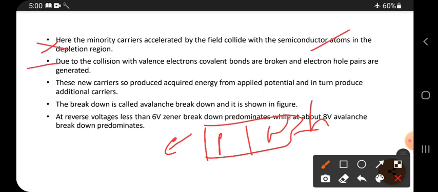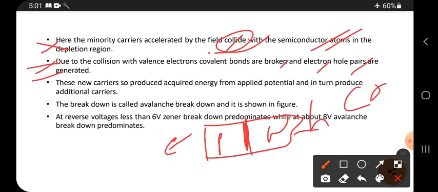Due to the collision with the valence electrons, covalent bonds are broken and electron-hole pairs are generated. In Zener breakdown, it is because of the electric field only.